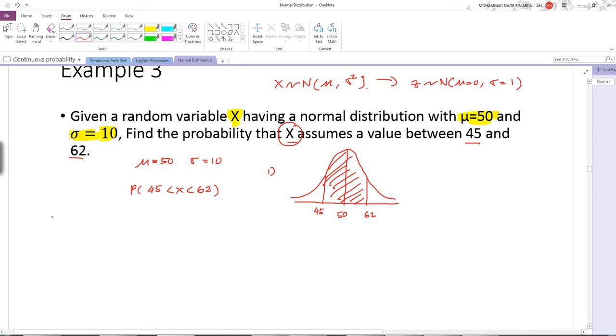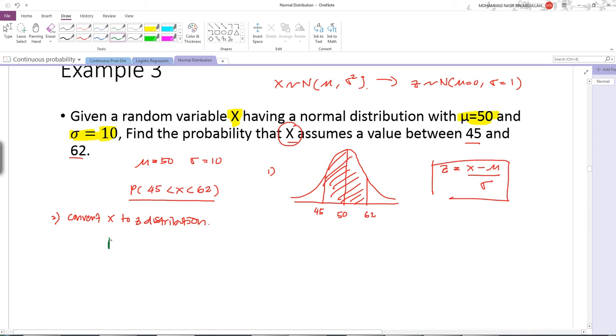Okay, now the second step is we need to convert X distribution, means a normal distribution, to Z distribution. And we need to convert this statement to standard normal distribution. Standard normal distribution is Z equal to X minus mu divided by sigma. This is the formula for Z, right?